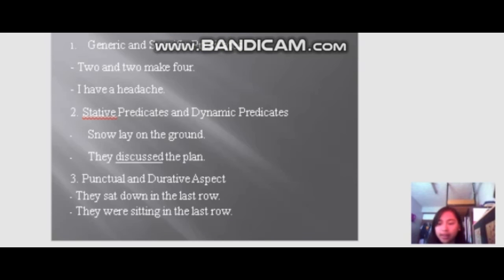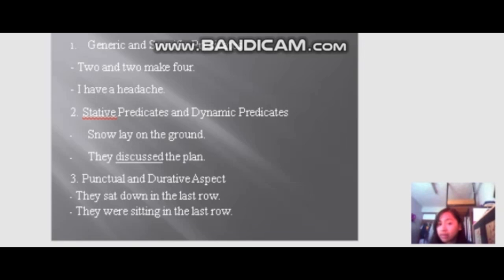Next, let's start from the definition of generic and specific predicates. Generic aspect contains statements about things that we don't expect to change. For example, 2 and 2 make 4. Of course, it is false if I say 2 and 2 make 5.